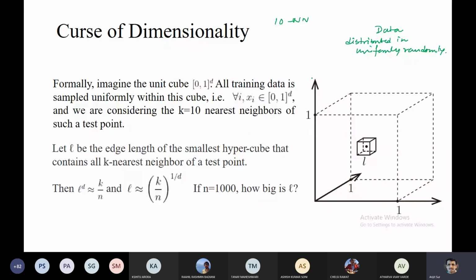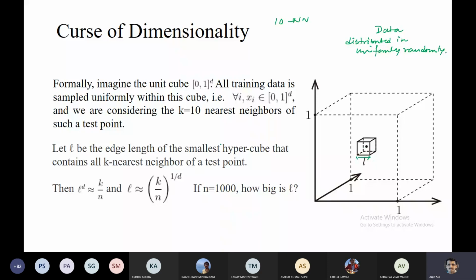Now we imagine a smaller cube inside this, with edge length, let's say, L, which is much less than 1. This is the space to which all the nearest neighbors of the test point belong.